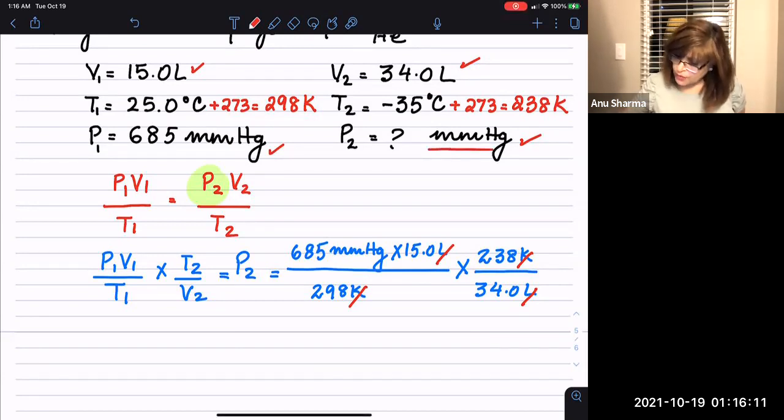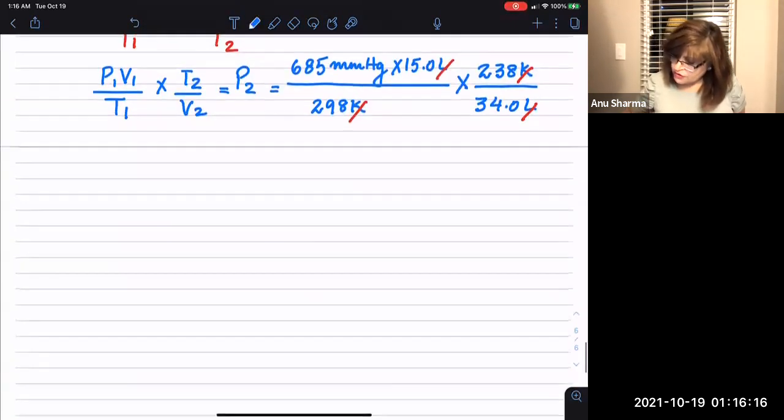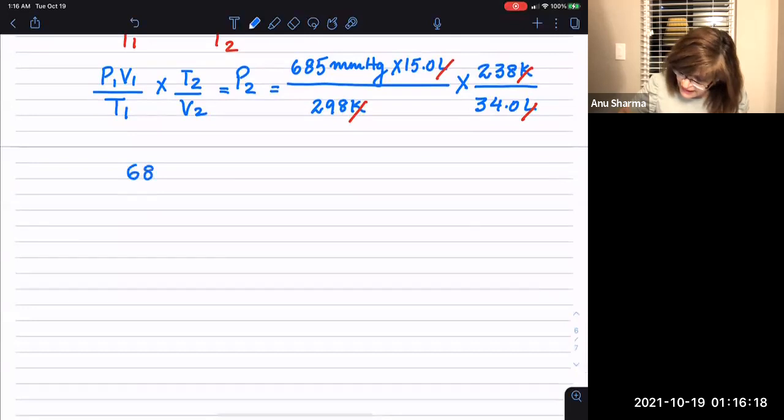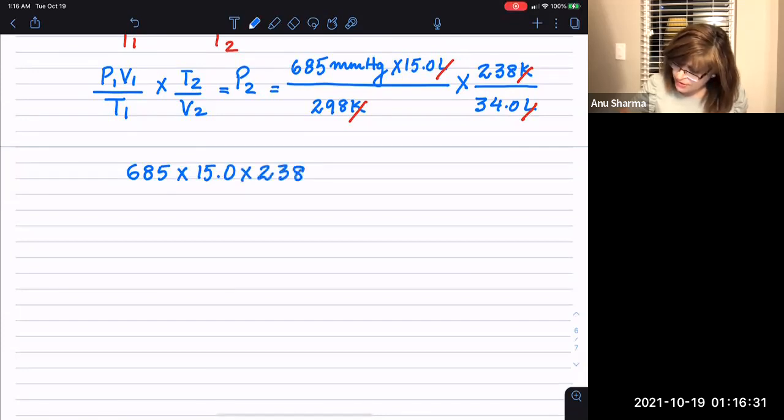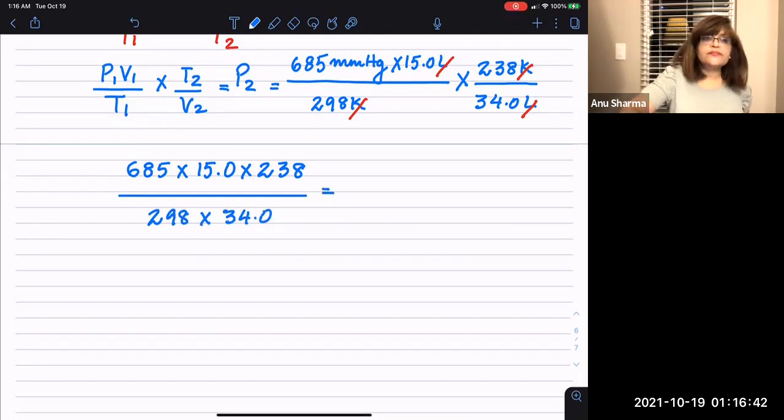Now, what you do next: 685 millimeters of mercury, just leave that on one side, and 685 times 15.0 times 238, and whatever number you get, divide that by 298 times 34.0.